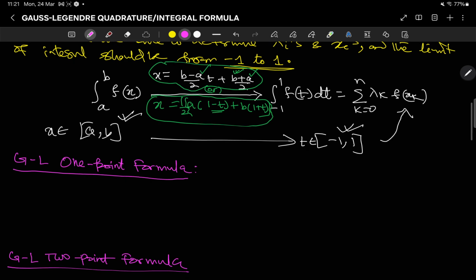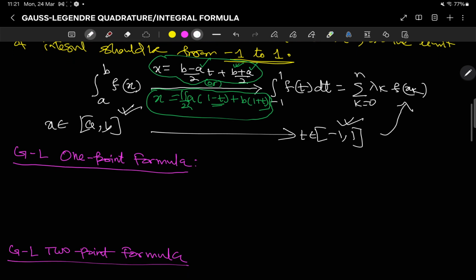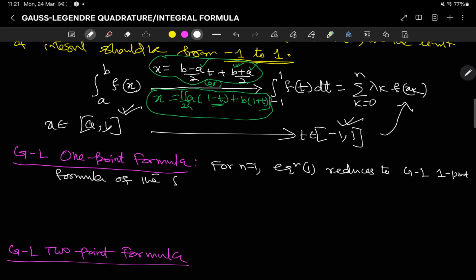Okay, so for n is equal to 1, equation 1 reduces to the 1 point formula, Gauss Legendre 1 point formula of the form integral from minus 1 to 1 f(t) dt is equal to lambda 0 f of x0.